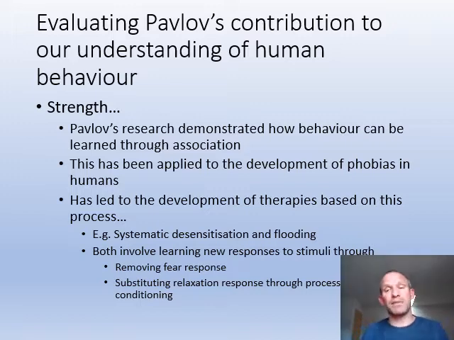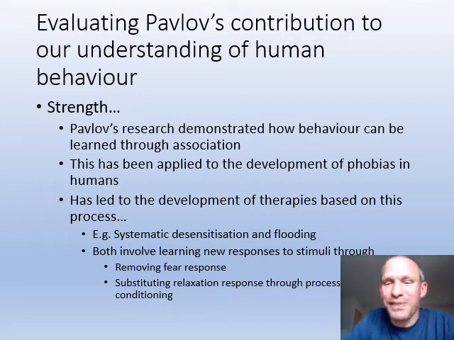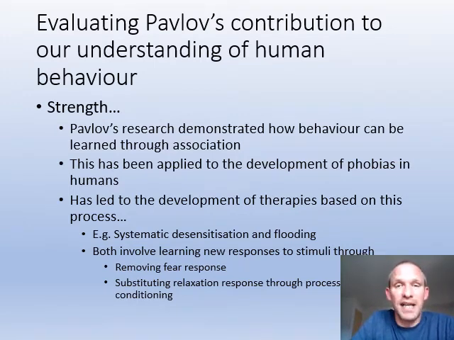We're linking back to what we did for abnormality, systematic desensitization, for example, learning a new association. So you've learned an association. How do you fix that? You learn a different one. Behaviourists believe what's learned can be unlearned. So that's what systematic desensitization is all about. And as we know, it can be effective. So we have to give credit that his research helped our understanding of how we can learn through association, and we've subsequently applied that effectively to the treatment of phobias.